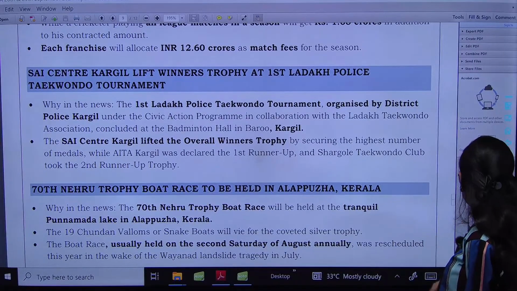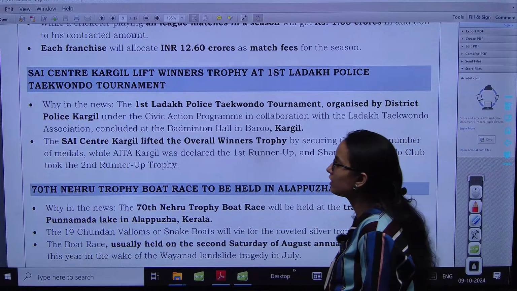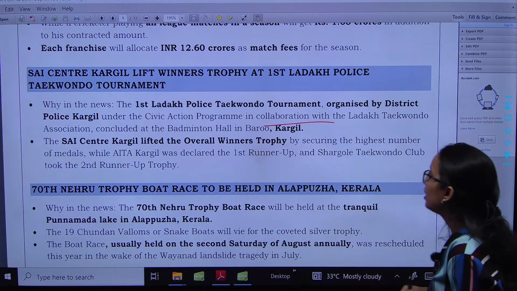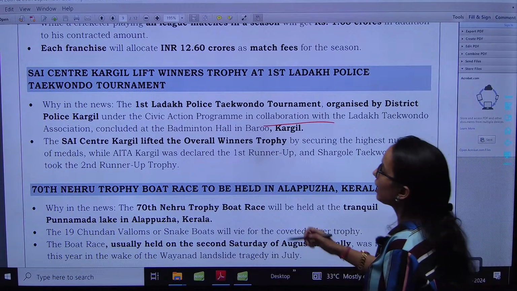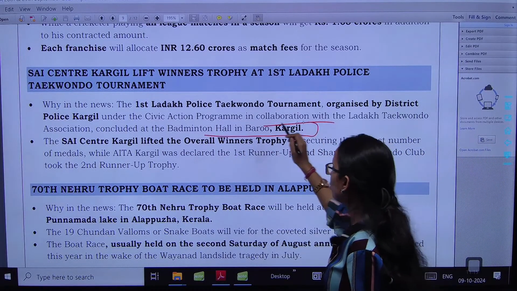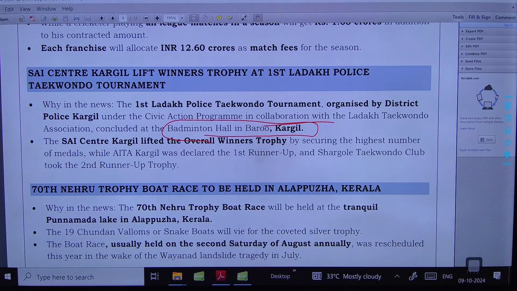Then next, the Ladakh Police Taekwondo tournament, organized by District Police Kargil under the Civic Action Program in collaboration with the Ladakh Taekwondo Association, has concluded at Badminton Hall in Baru, Kargil.